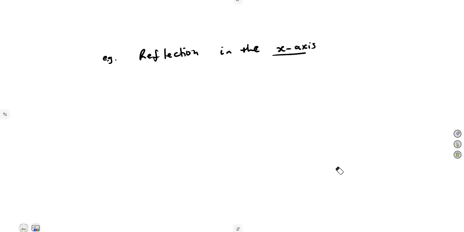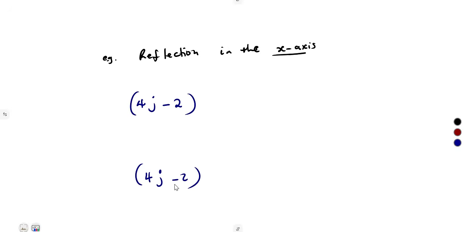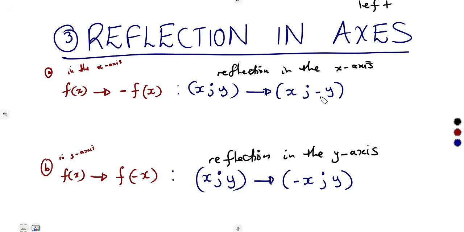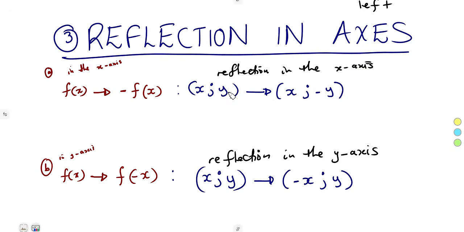When it is a point, let's say we have got the point (4, minus 2). For a reflection in the x-axis, we saw the concept, guys, that the y value is the one that is affected, multiplied by a negative. The x value is not affected.